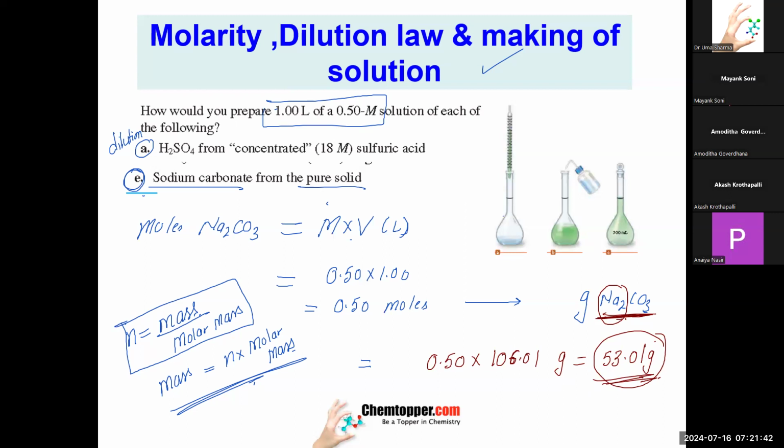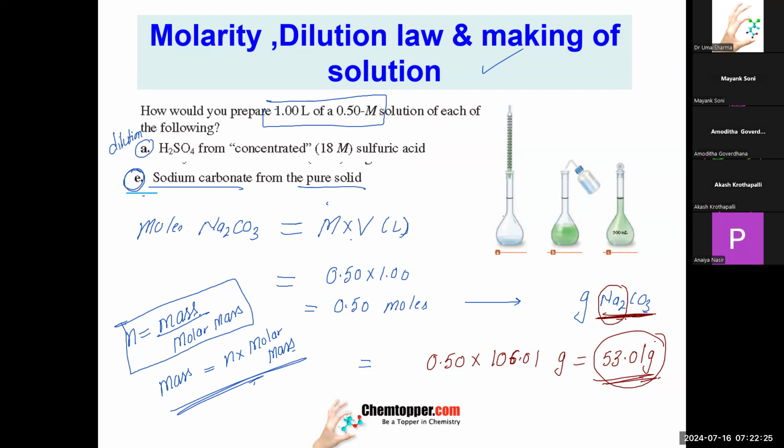We'll take a volumetric flask of 1 liter. You add your 53.01 gram here, the solid. It's not a strong acid or strong base, so don't worry, you can add it first. Then you start adding water. It has a mark. Add water. Shake it properly. Dissolve it. Keep adding water.